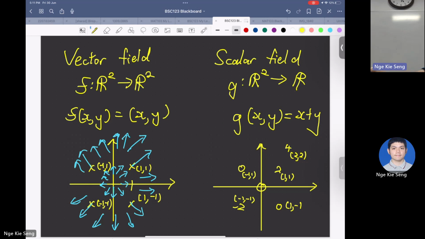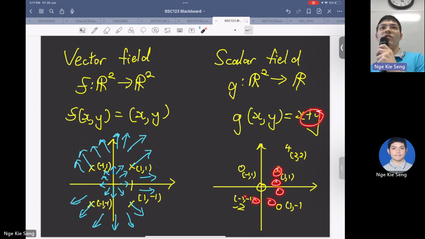Let's say my function here is 0. That means every point I attach a 0. Let's say I define this scalar field to be 0, so every point I attach a 0 value.